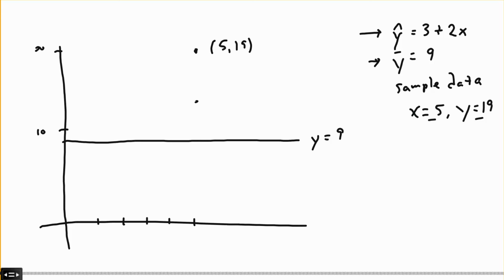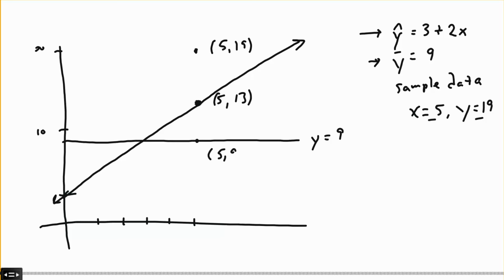And the regression line is 3 plus 2x, so it has a y-intercept of 3 with a slope of 2. Okay, so there would be our regression line. There's the point that's on it. The predicted value of y when x is 5 is 13. And then we also have a mean of 9. So we'll also be looking at the point 5, 9.